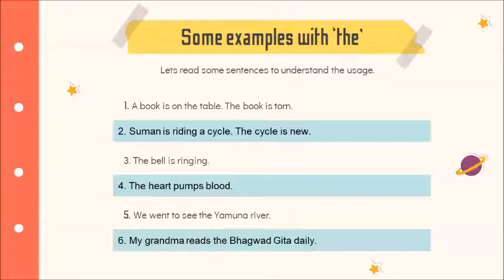So here I put the before Yamuna River. Sentence number 6. My grandma reads the Bhagavad Gita daily. Bhagavad Gita is a very, very famous, holy book. That is why I put the before Bhagavad Gita.